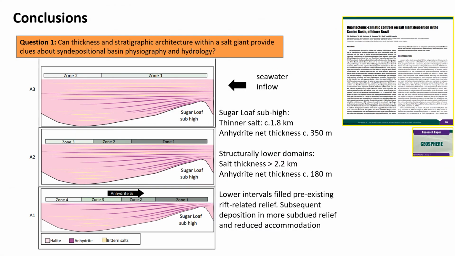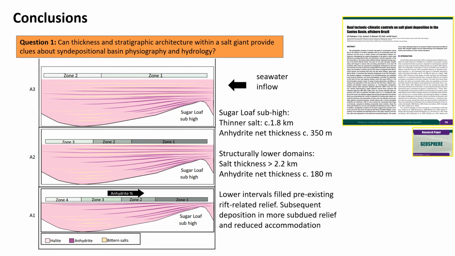I illustrated how thickness and composition of the intrasalt vary laterally and are spatially related to structural domains. Thinner salt and higher anhydrite proportions occur towards the structurally high Sugarloaf compared to flanking structurally lower areas where salt is thicker and anhydrite proportions are less.